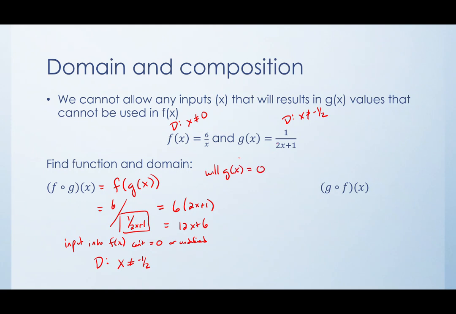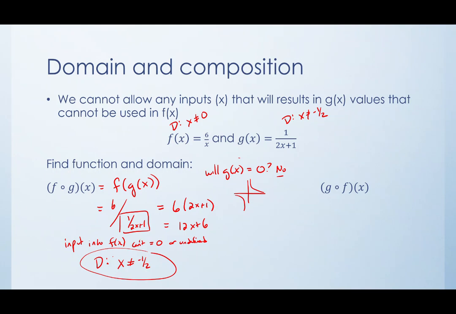If you look at a graph of this, because it's going to look roughly speaking like this, the answer is no. So we really don't need to worry for this particular case about any places where the output of g of x would cause a divide by 0 error, because it's not going to happen. So for this one, we just need to worry about x not equal to -1/2.